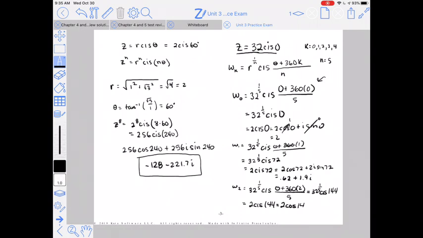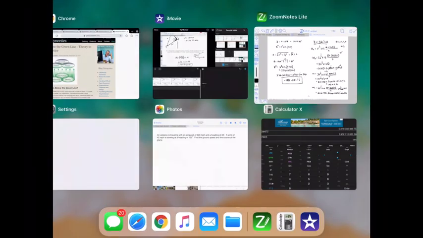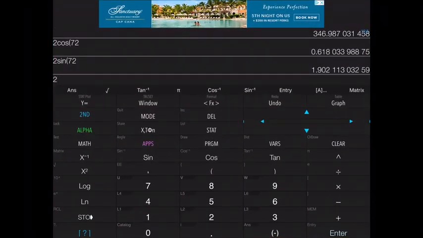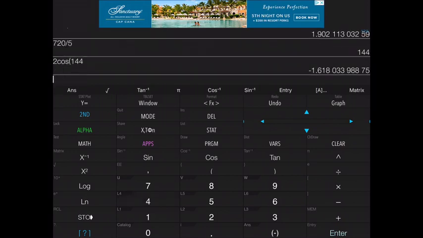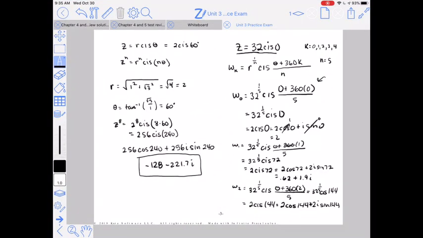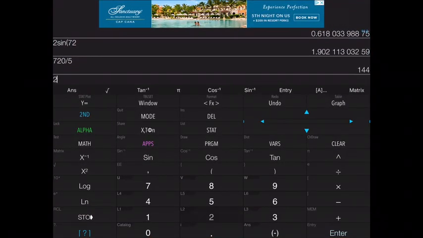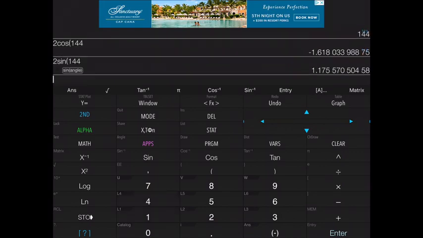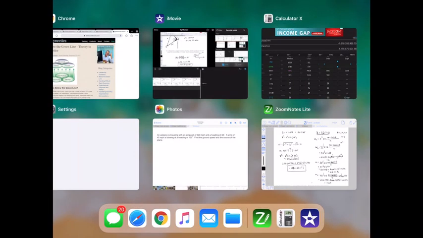So we've got 2 cosine 144 plus 2i sine 144. So 2 cosine 144 is negative 1.62. And 2 sine 144 is 1.18.